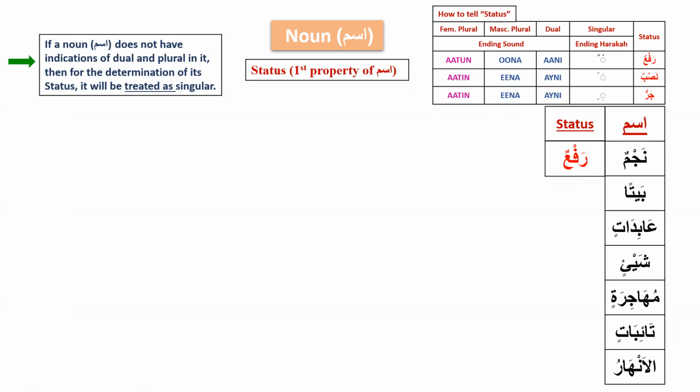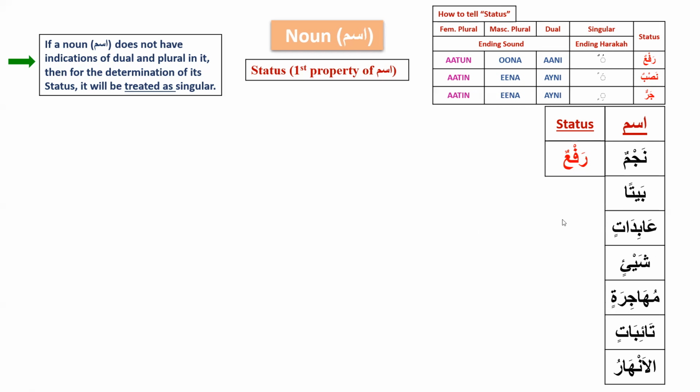Look for signs of dual, look for signs of plural. If you don't see any of those, then you treat it as singular, even if it is not. Okay, so now we are going to practice a little bit, and then inshallah we go into the breakout room so everybody gets a chance to practice.